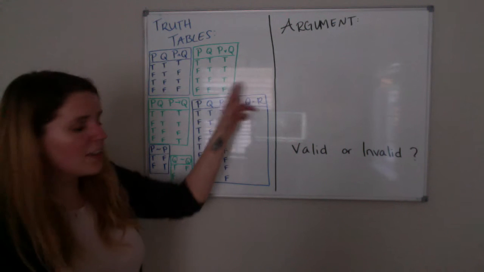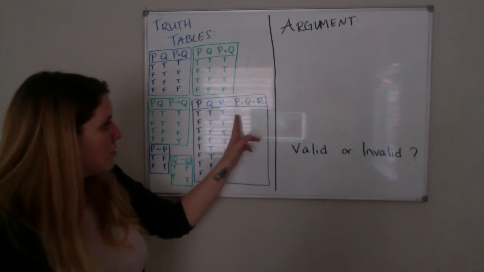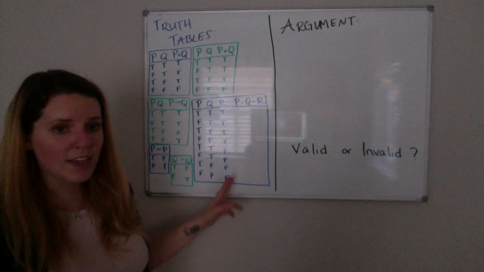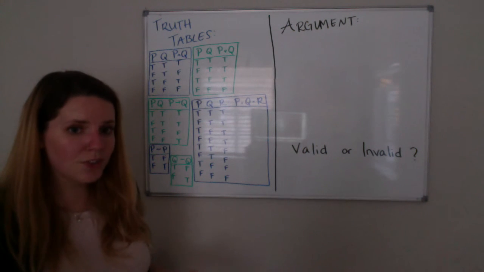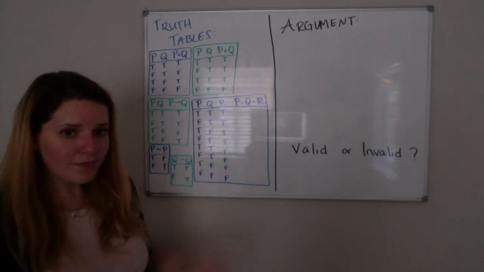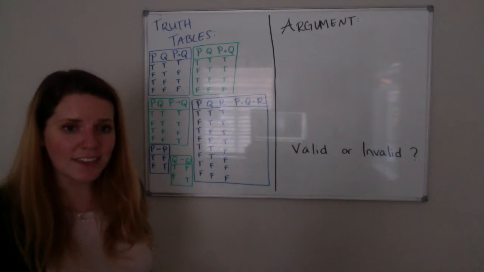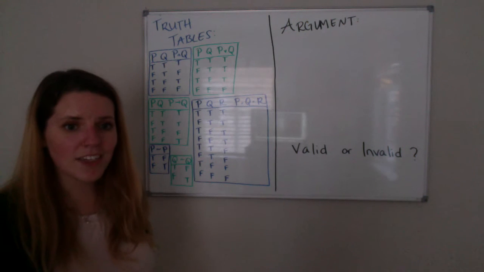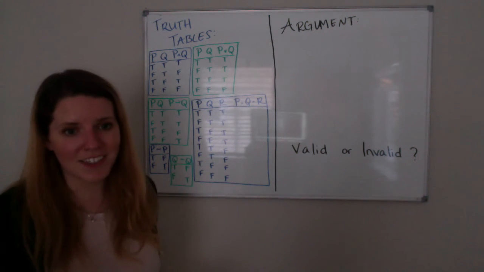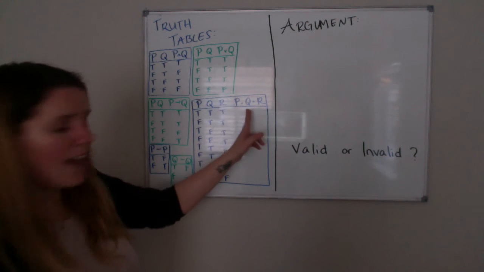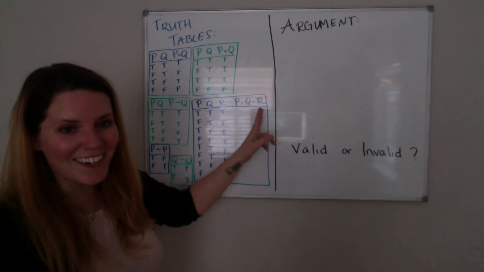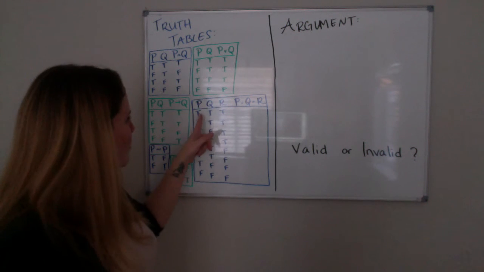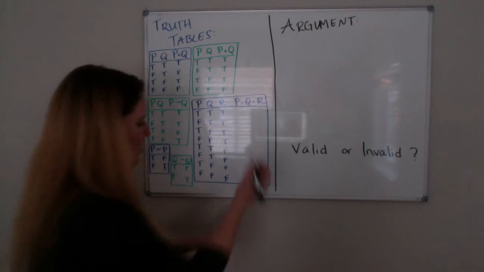All right, so this is a conjunction phrase. Under which row or rows do you think that this whole conjunction phrase is true? It's only true in one row, the first row. And remember, under what conditions is a conjunction claim true? A conjunction claim is only true if all of its conjuncts are true. So P and Q and R is only true if P and Q and R are true, and that's in our first row.